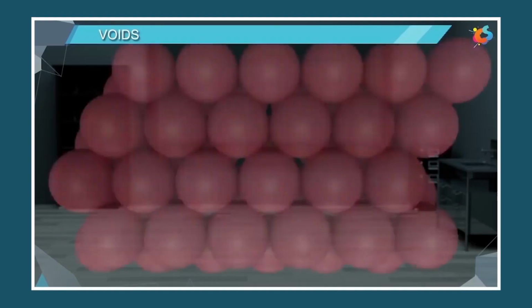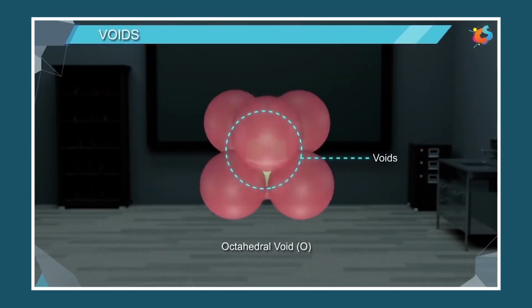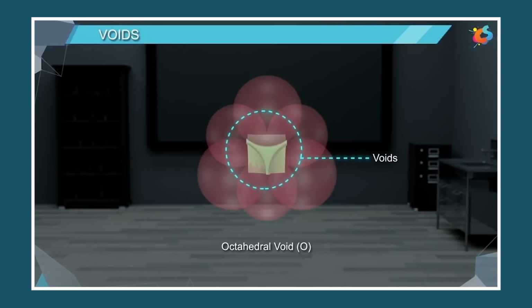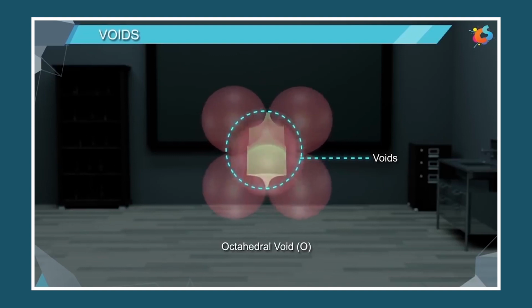While at other places we will notice that the triangular void of the first layer coincides with the triangular void of the second layer, such that their triangular shapes do not overlap. At such places, another type of void is formed. This type of void is known as octahedral void, O.